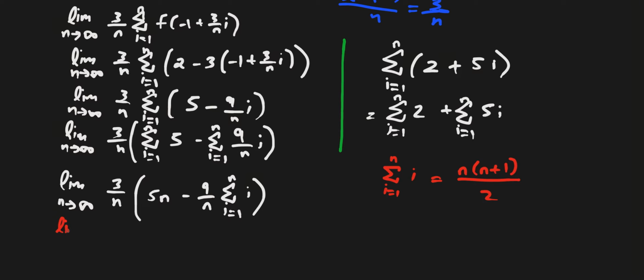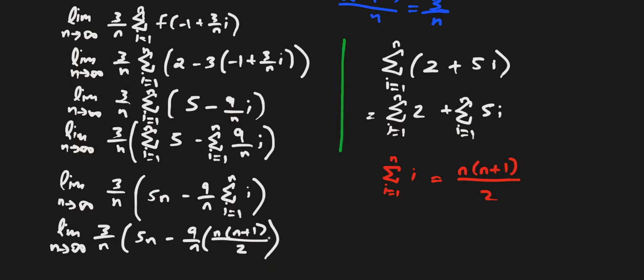So this just becomes the limit as n approaches infinity of 3 over n times 5n minus 9 over n times n times n plus 1 over 2. So now we need to further simplify this.